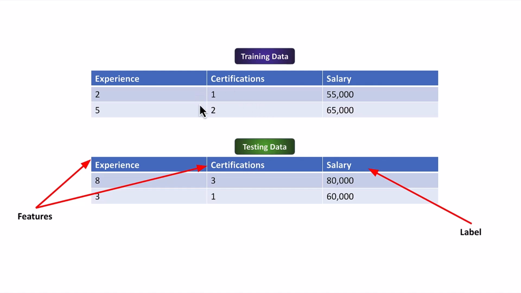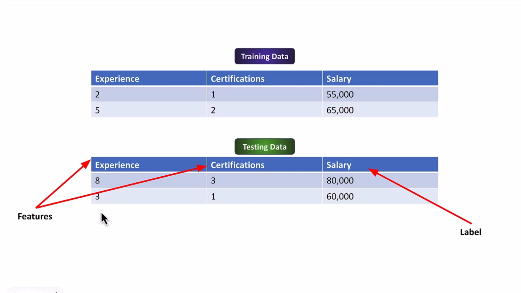As inside this dataset we are predicting the salary of a person based upon experience and certification, here our output or predicted value is salary. So we call the column which we are predicting the label, and the columns using which we predict this label are called features.